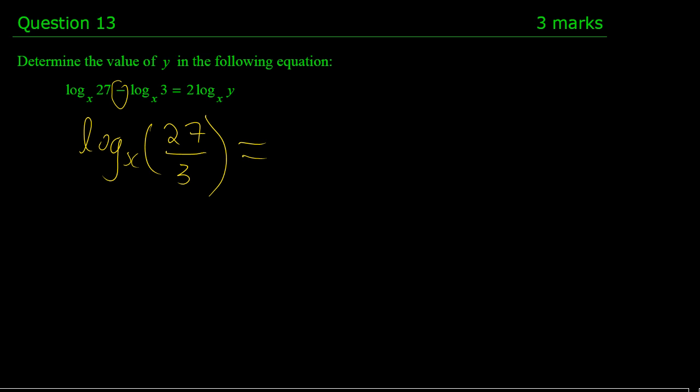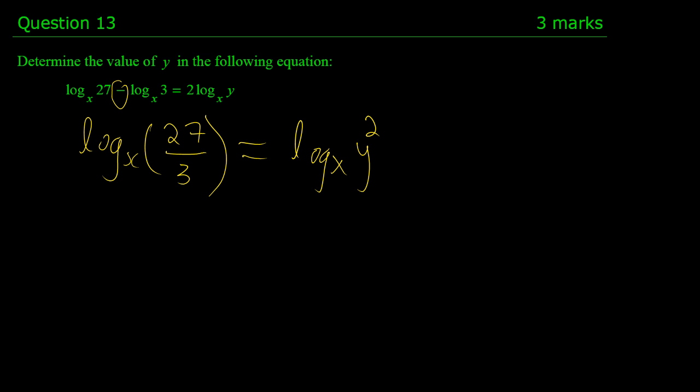And the log rule for the other side tells us we can actually bring up our exponent. We could bring up the 2 in front, so that becomes the exponent. So log base x of y squared. We don't have to convert this to an exponential because our inside arguments have to be equivalent.